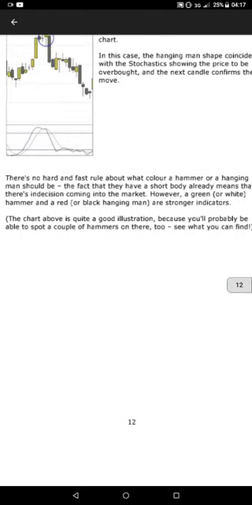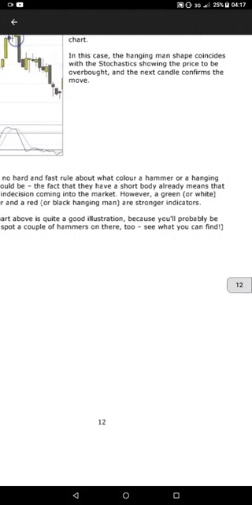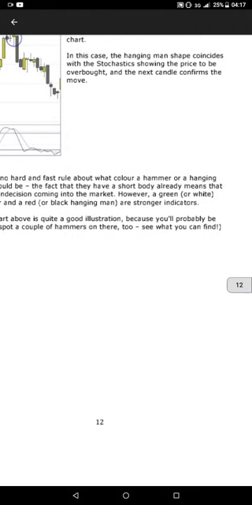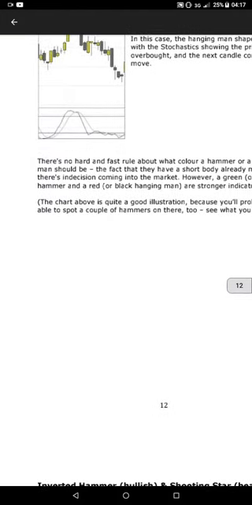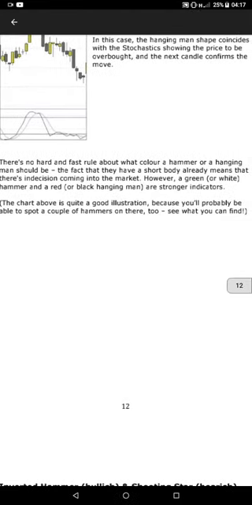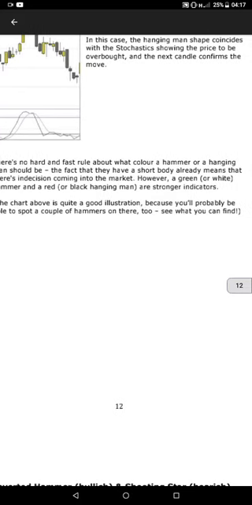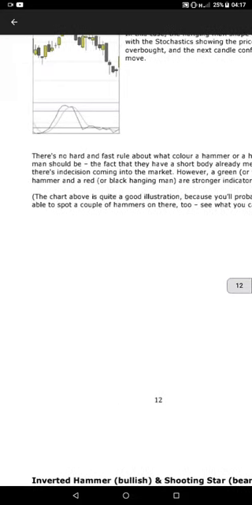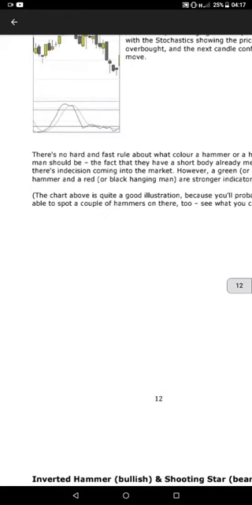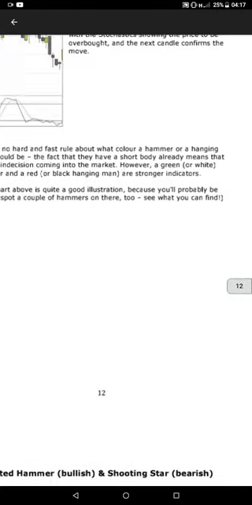However, a green or white hammer and a red or black hanging man are stronger indicators. The chart above is a good instruction, because you'll probably be able to spot a couple of hammers on there, so see what you can find.